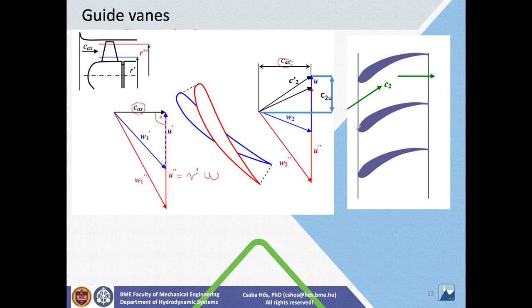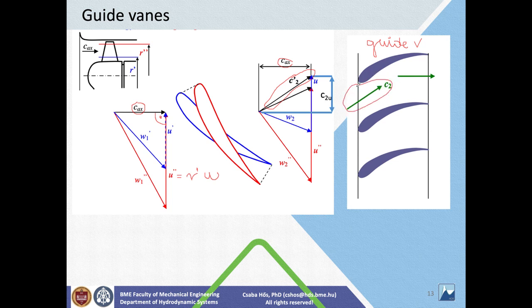So what we want to do essentially, this is the guide vane here. This is the guide vane. So what it does, it gets rid of this C2U by changing the direction of the outlet flow. So this C2 here is this C2 here.